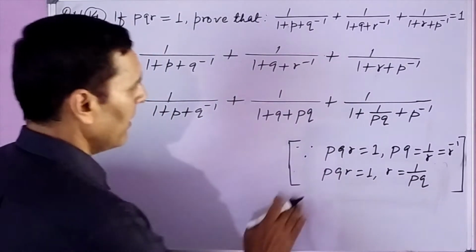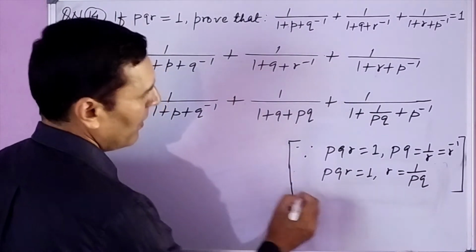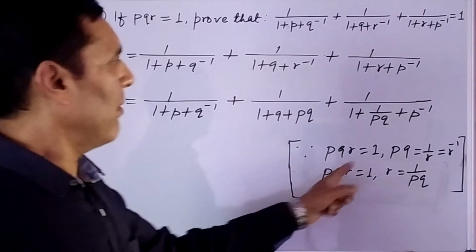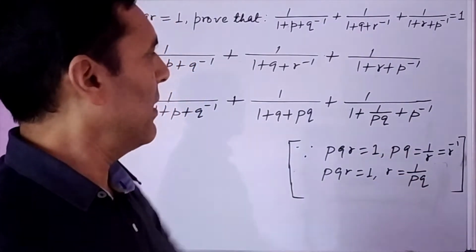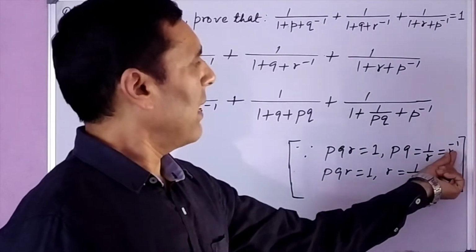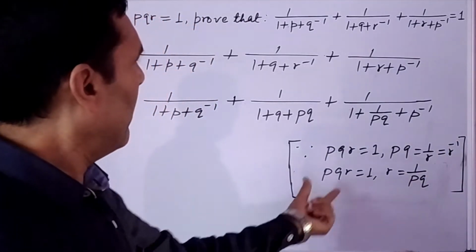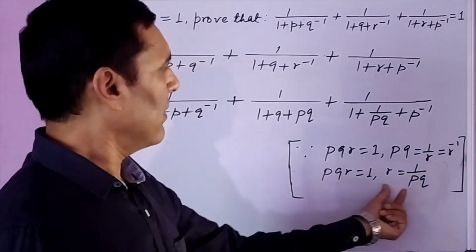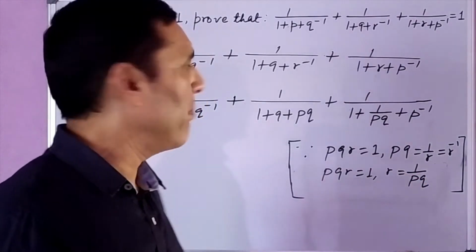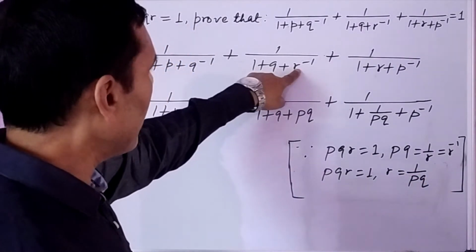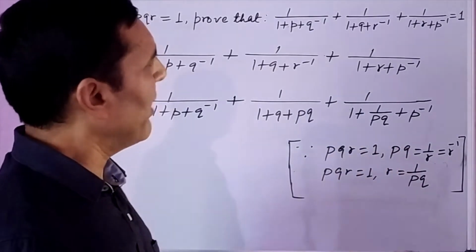From the given condition, we are given that PQR is equal to 1. So PQ is equal to 1 upon R, that means R to the power minus 1 if this R is brought up. And another, PQR is equal to 1, so R is equal to 1 upon PQ. For this R to the power minus 1, we have written PQ.